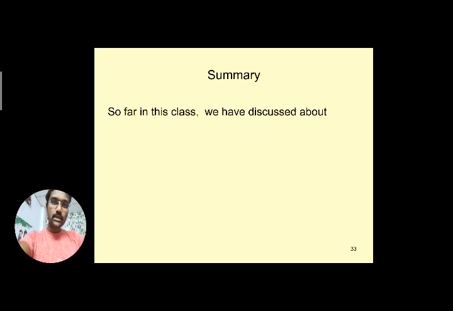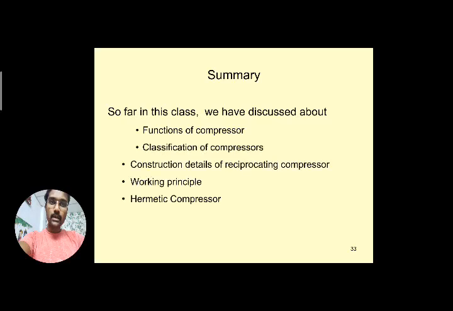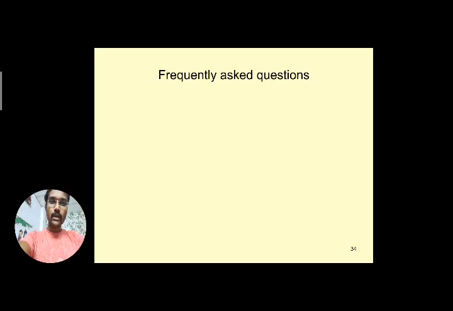So just to summarize, I hope you have understood all the topics: the function of a compressor, some classifications of compressors, construction details of reciprocating compressors, and working principle of reciprocating compressor, hermetic compressor also. You have seen the line diagram, what are the advantages, what are the disadvantages, what are the applications. So all the things we have seen in today's class, and we solved some quiz questions. Hope you have understood that, and you can solve that very easily.